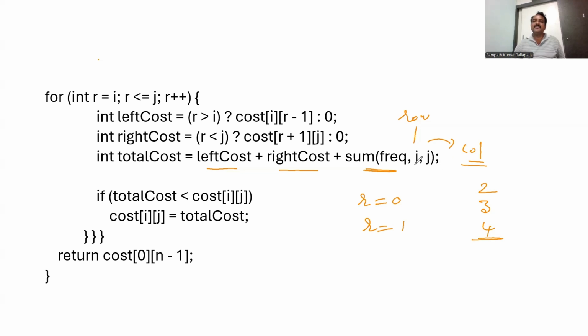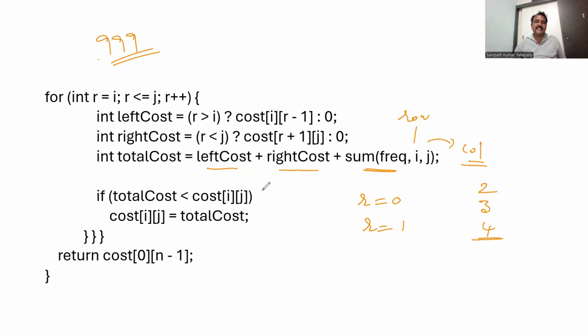As I said, we are going to add the frequencies here, and then add my left cost and my right cost, and calculate all of them into my total cost. We'll see whether my total cost is less than cost of i j, because we are assuming that at the beginning of the loop my cost of i j was 999. So we are going to compare this value with this number.